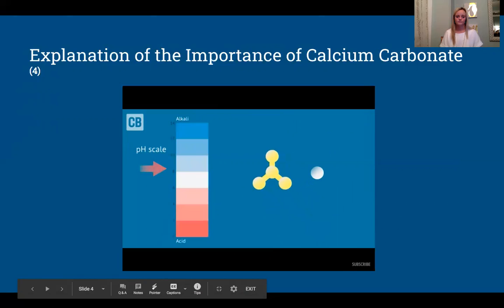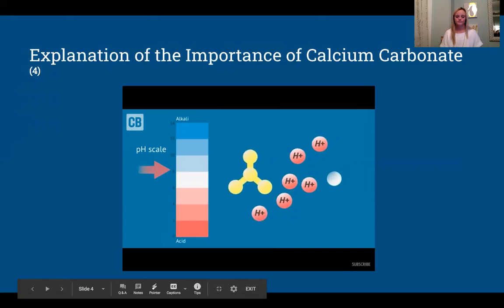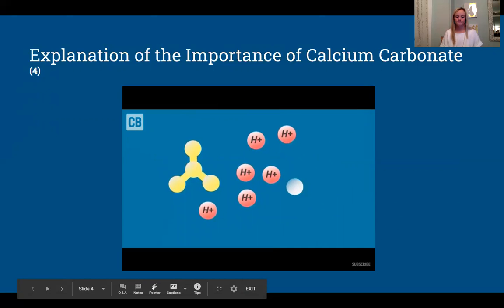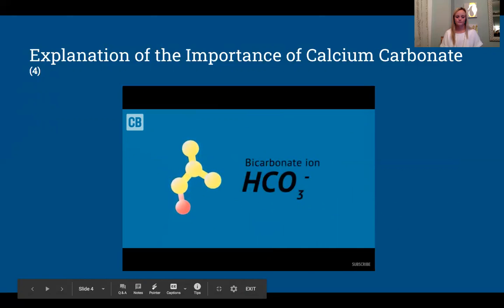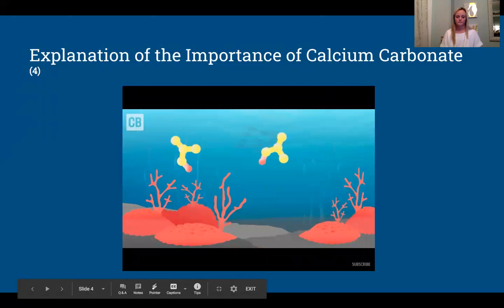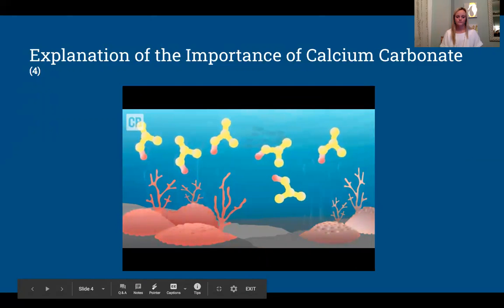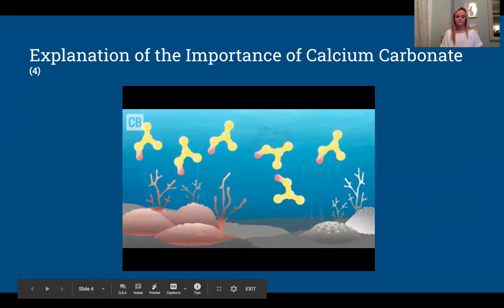Ocean acidification causes the amount of calcium carbonate in seawater to fall. This is because some of the carbonate ions that normally pair with calcium to form calcium carbonate instead pair with hydrogen to form bicarbonate. With less calcium carbonate around, corals find it more difficult to rebuild and grow their skeletons. This increases the chances of coral death.